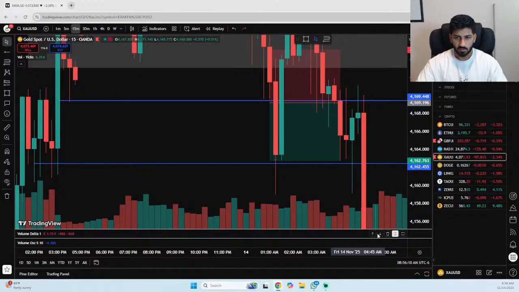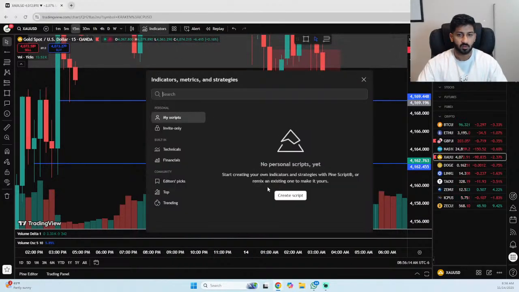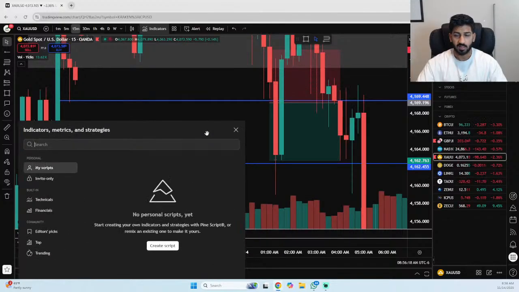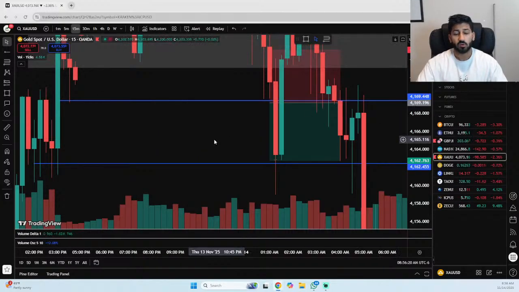This is your volume. You can have different ways to show it and help your software enhance, or you could give it timings as well, that based on this much volume, you're trading in the New York session.